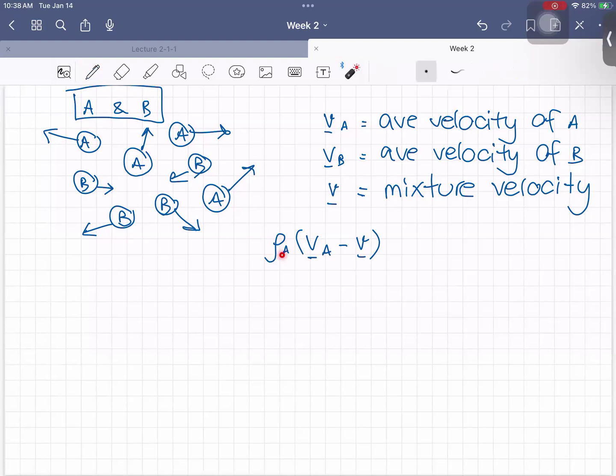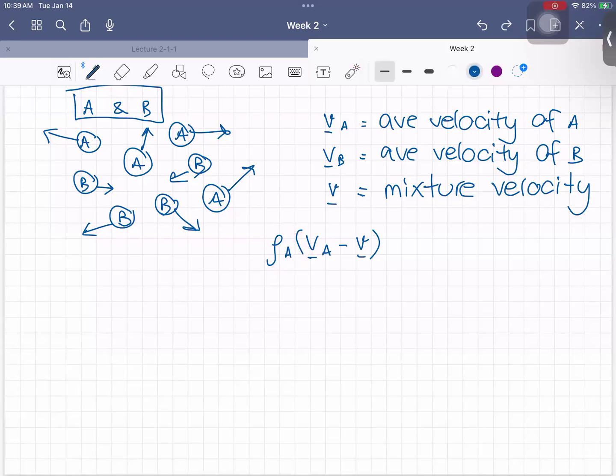Before this, we don't have rho A. It's just telling you how much A is moving faster than the average velocity. But if I multiply by the density of species A, it's going to tell you in terms of mass flux now, how much A is moving faster than the average velocity in terms of mass, because we multiply it with density.